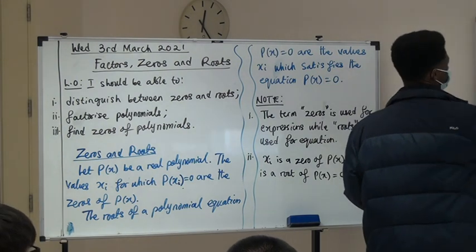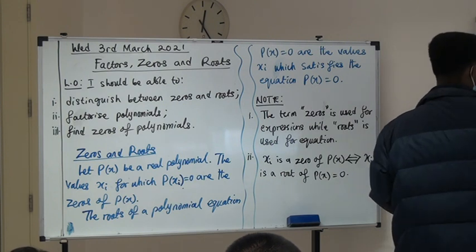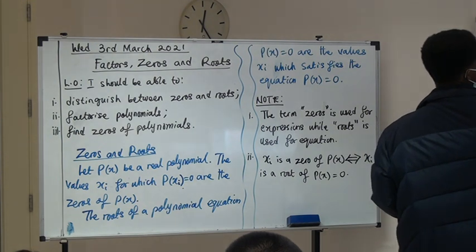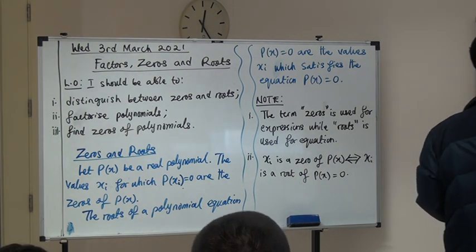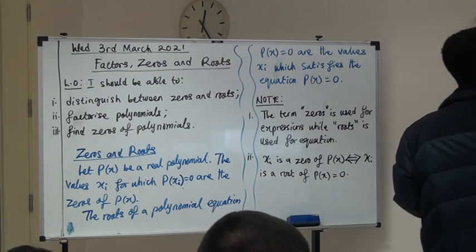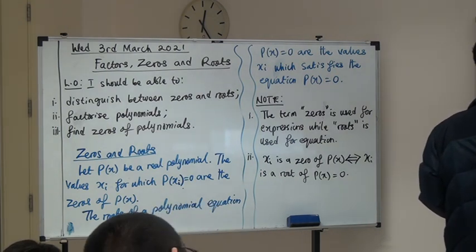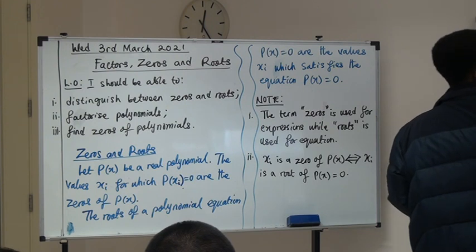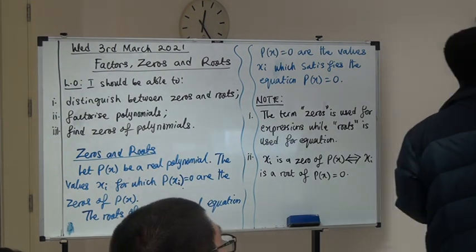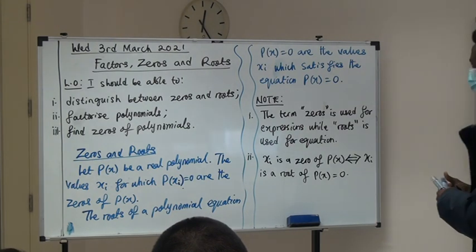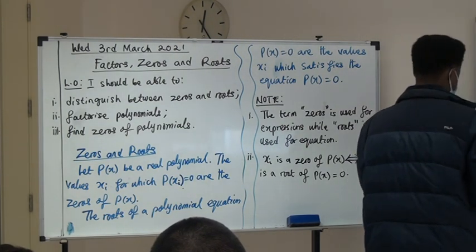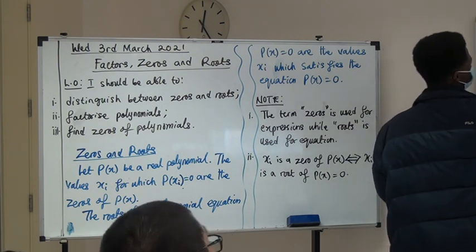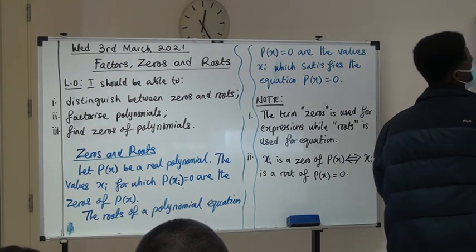So the next thing is how to factorize our polynomials. Factorization and zeros of polynomials. So the main steps to factorize P of x.